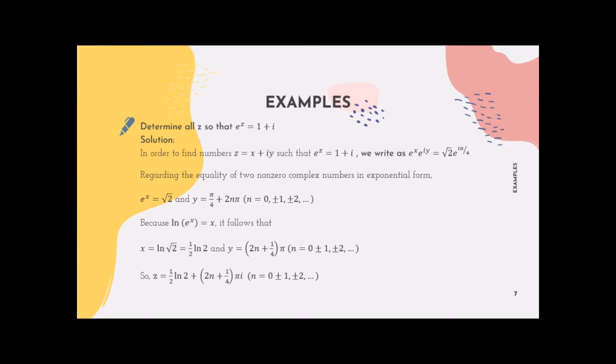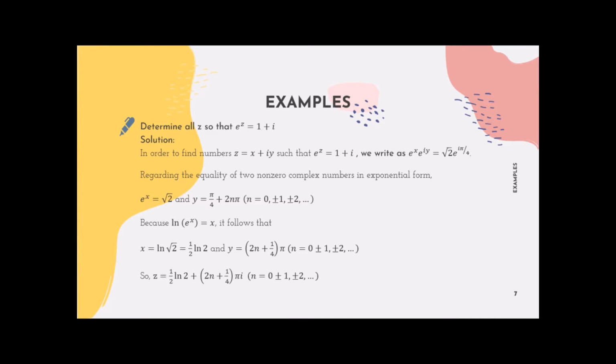Regarding the equality of two non-zero complex numbers in exponential form, exp(x) equal to square root of 2 and y equal to pi over 4 plus 2n pi for n equal to 0, plus minus 1 and so on.